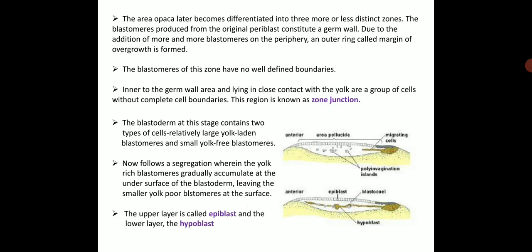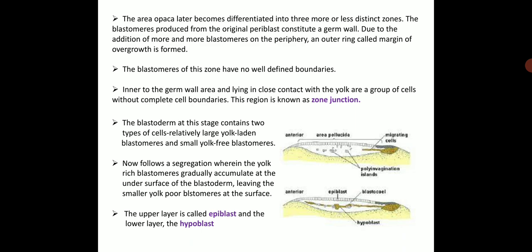This area opaca later becomes differentiated into 3 more or less distinct zones. The blastomeres produced from the original periblast constitute a germ layer or germ wall. Due to the addition of more and more blastomeres to the peripheral region, the outer ring called the margin of overgrowth is formed. The blastomeres formed in this region have no well-definite boundaries.